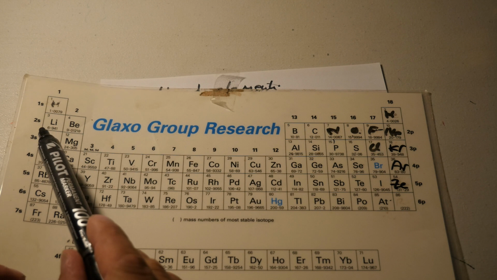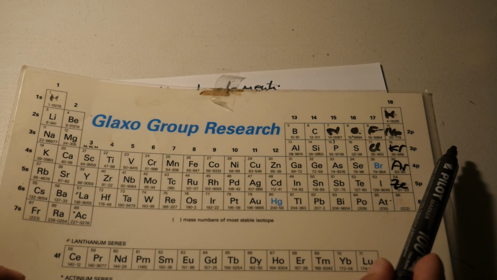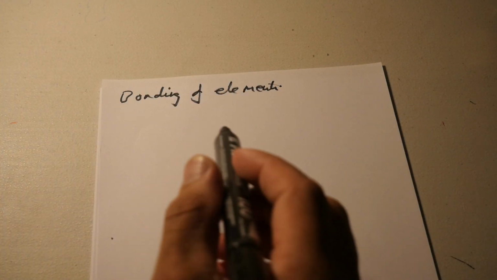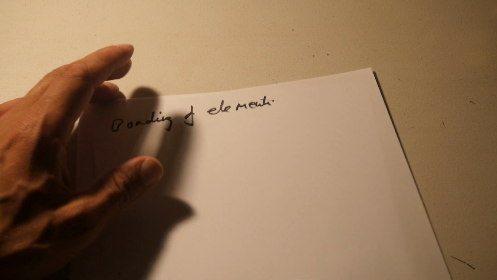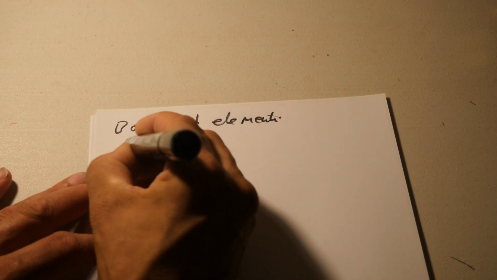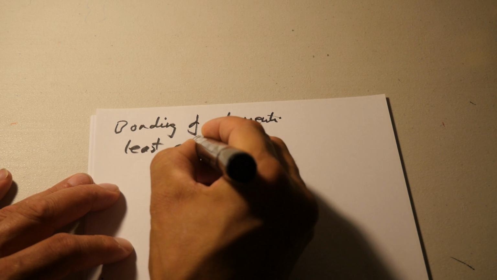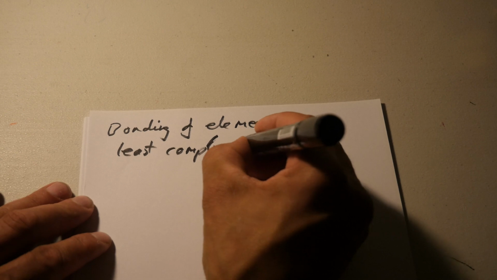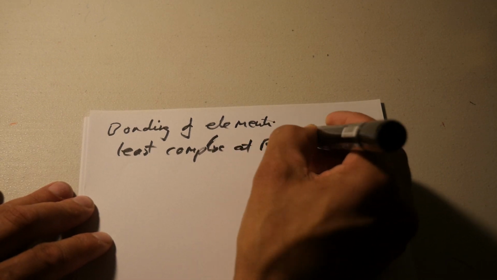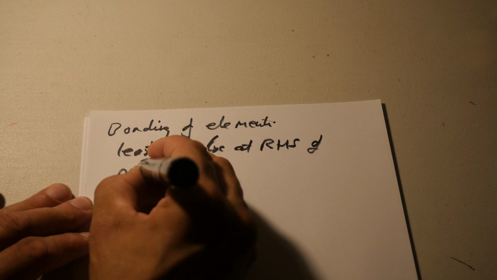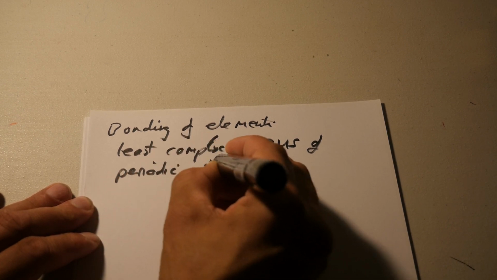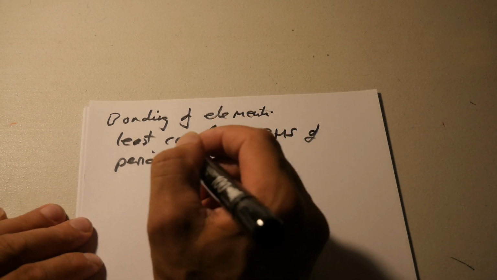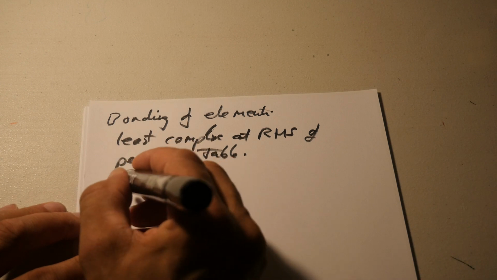So it becomes simpler and simpler toward the right hand side. It's least complex at the right hand side of the periodic table, where the noble gases are.